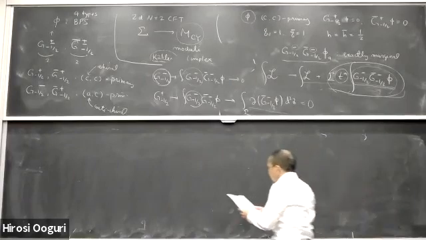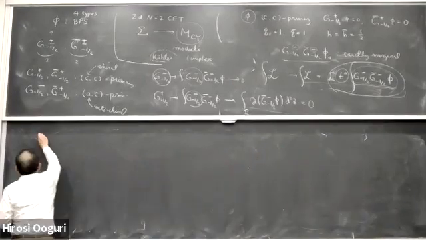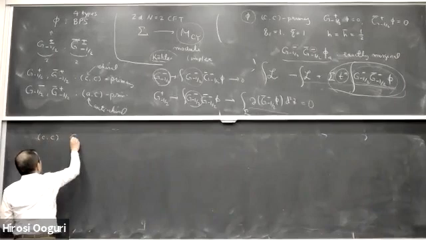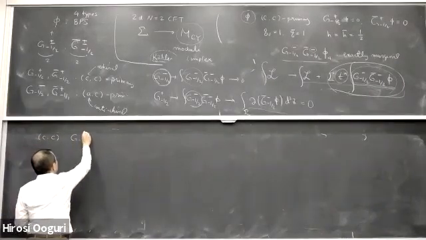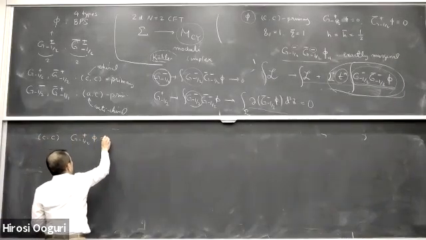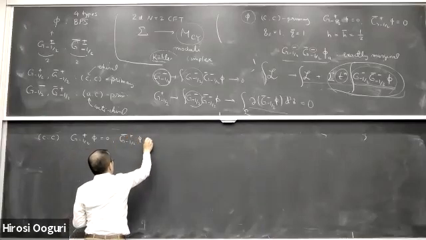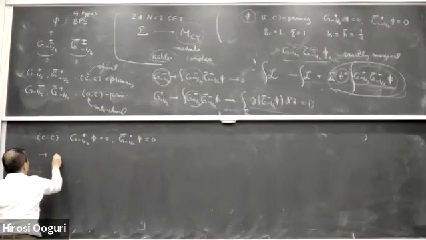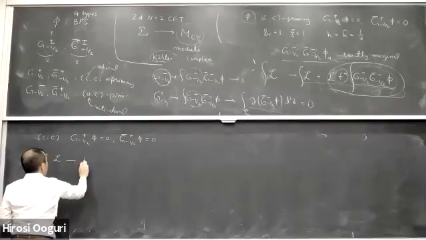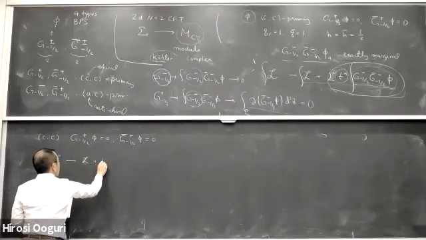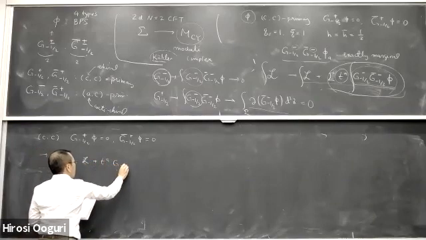Okay, so I say that if you have CC, which is annihilated by this, then we can deform the Lagrange density by adding an appropriate linear combination of this.